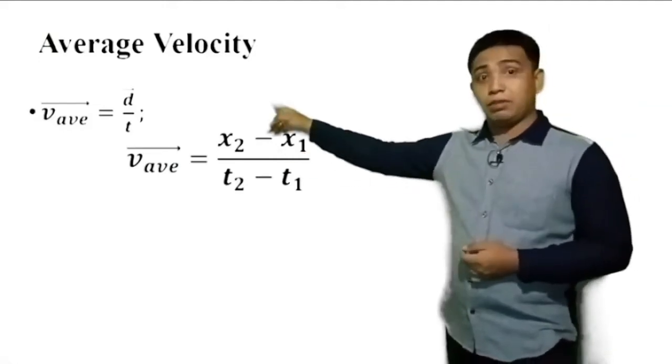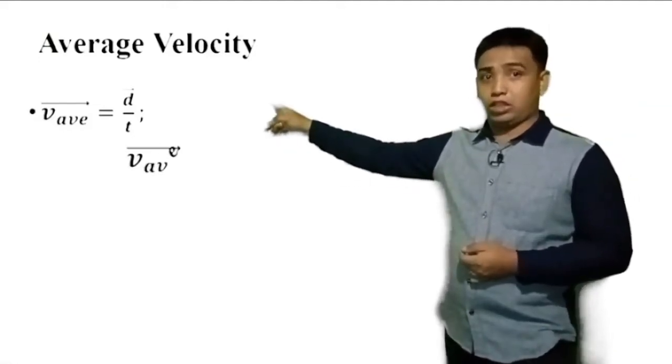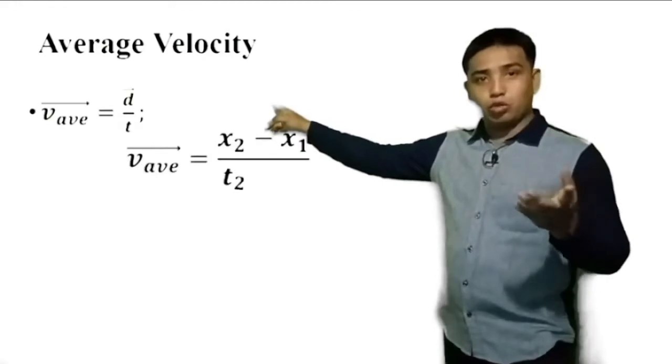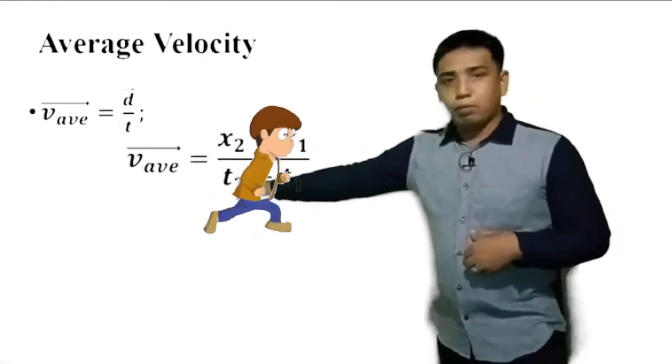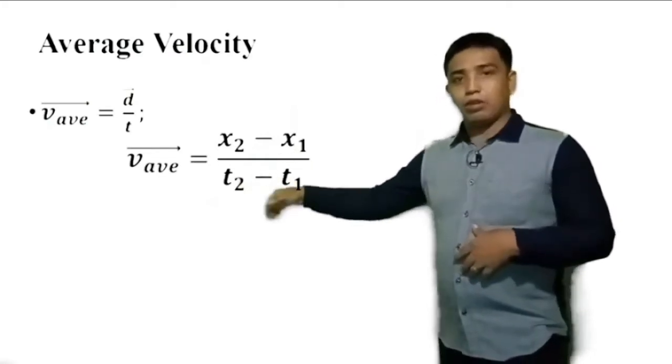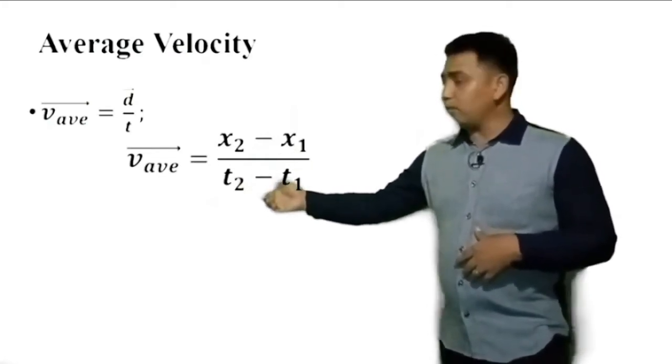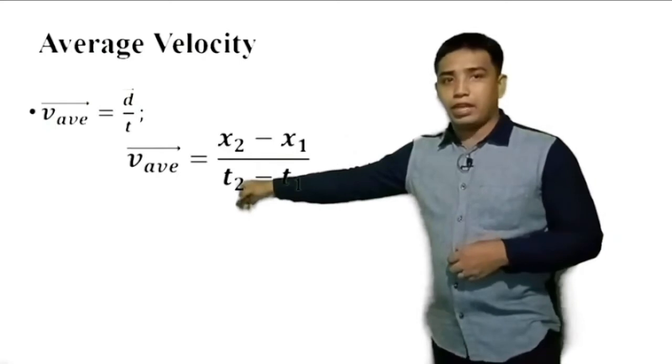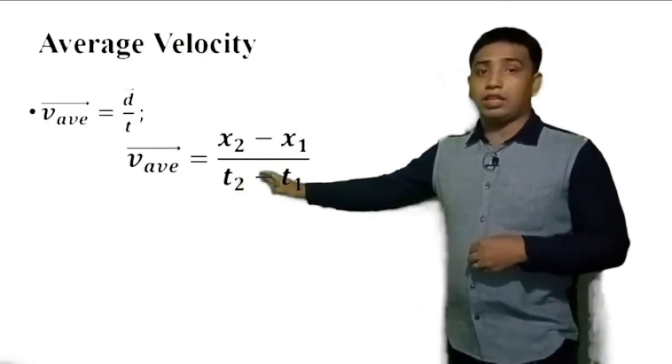Alright, so displacement is related to the change in position, which can be related to 2 points, like say for example, x sub 2 minus x sub 1 all over the time that has passed by, or the change in time. Say for example, t sub 2 is the final time, and t sub 1 is the initial time.